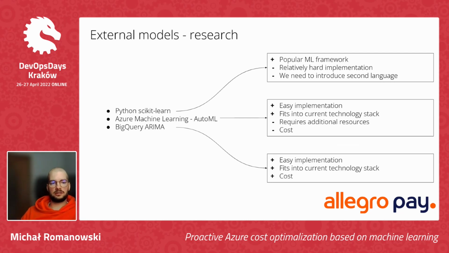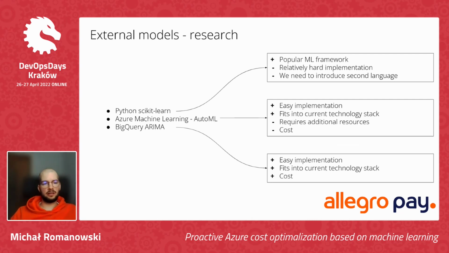The next solution is Azure Machine Learning, which is easy to implement. It fits into our current technology stack, but it requires additional resources and the costs are quite high. Last but not least, we've got the BigQuery ARIMA model, which is a forecasting model managed by Google Cloud.